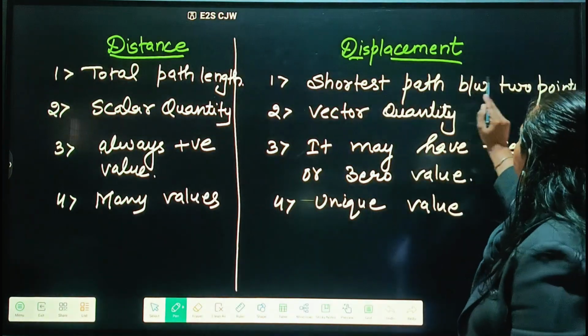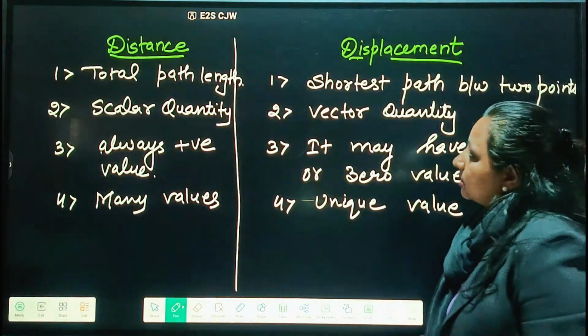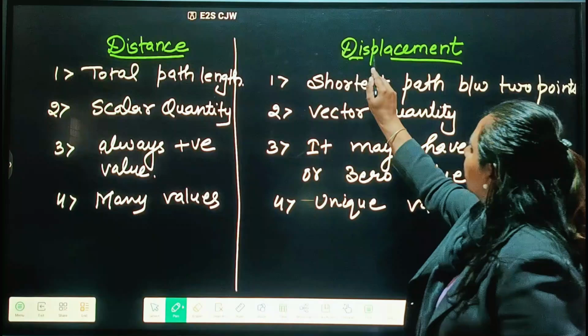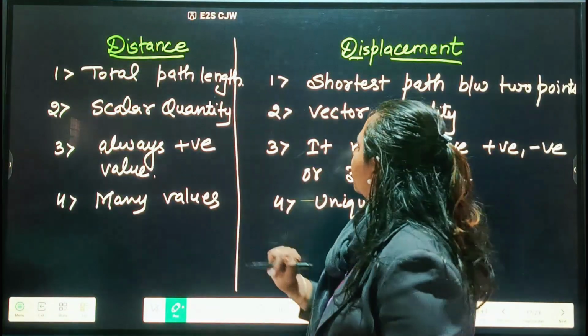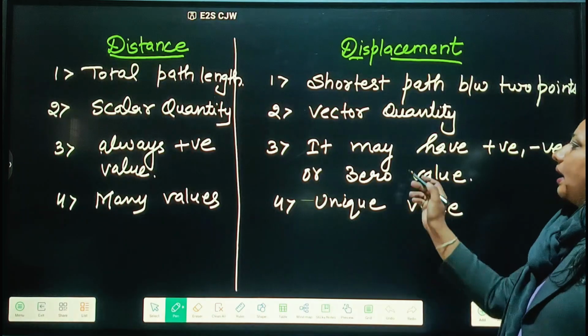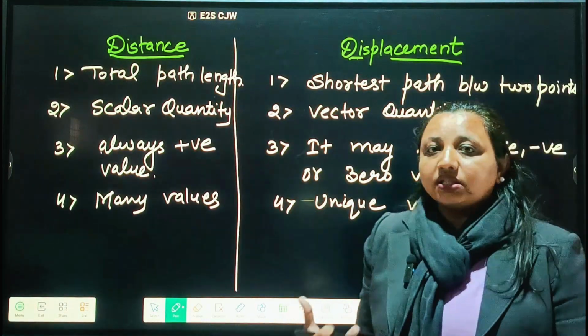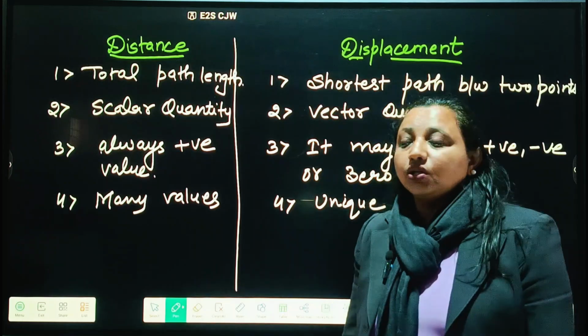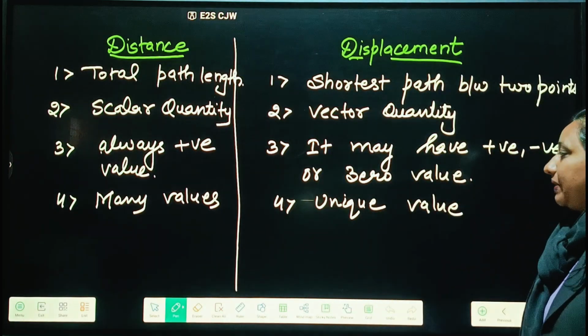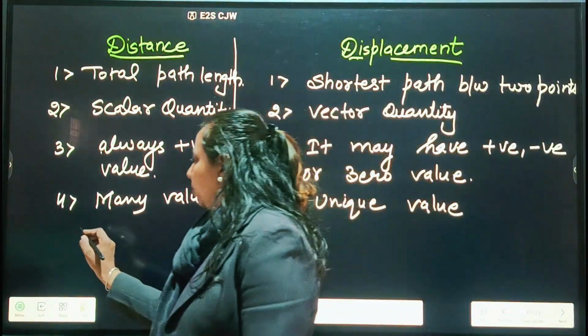Displacement is the shortest path between the 2 points. Distance is a scalar quantity, whereas displacement is a vector quantity. Distance is always positive, and displacement may be positive, negative, or 0. Distance has many values between the 2 points, but displacement has only a unique value.